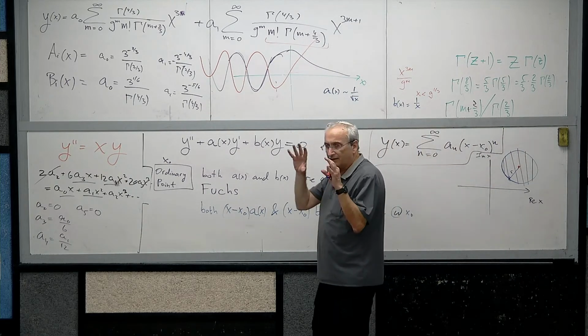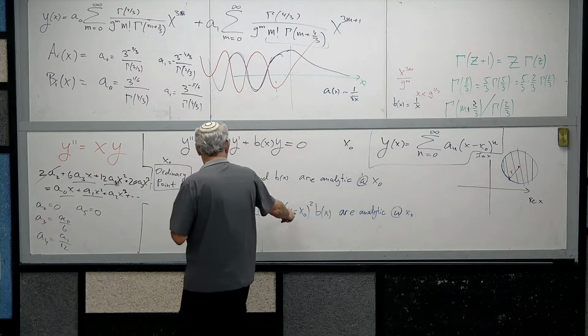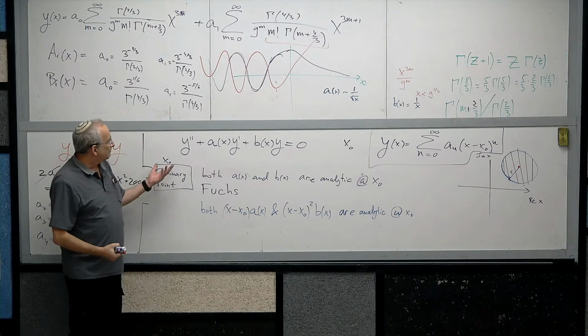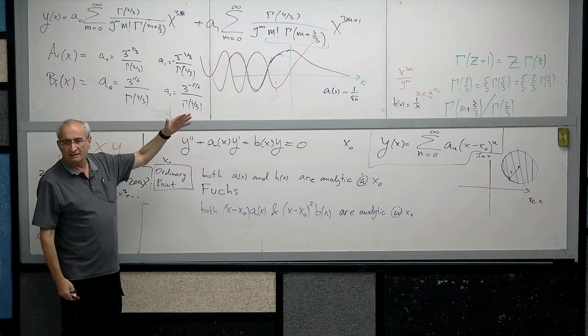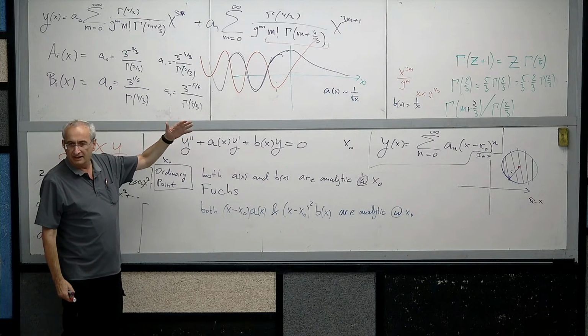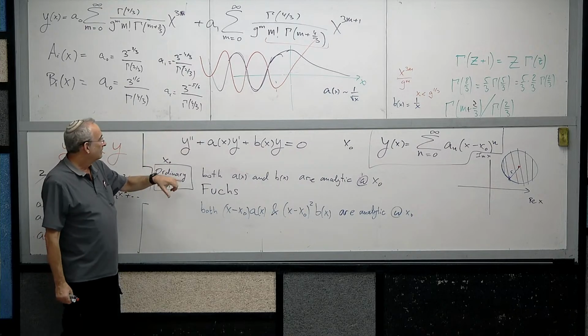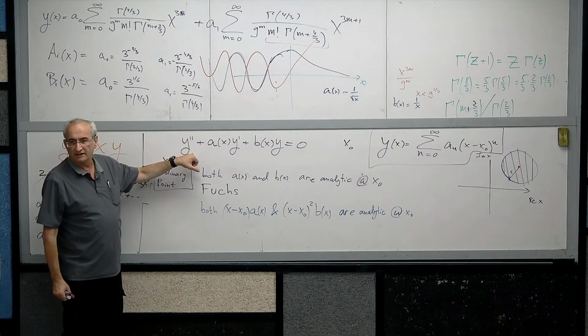The intuition, just as a general intuition, to understand what this condition means, you may think about dimensionality. So think about x0 as x equals 0, right? Now, this term dimensionally is going like 1 over x squared.